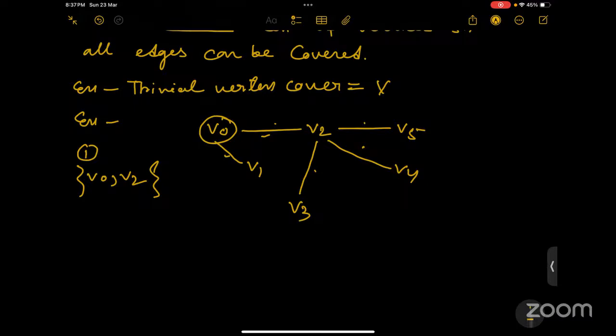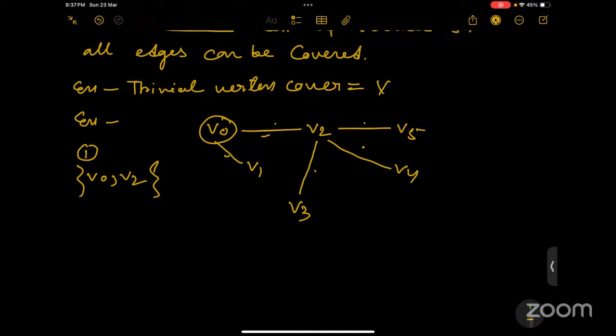Also, you can define other vertex covers too. Like if I take V1 and V2, it will be another vertex cover, right? I'm just taking this subgroup, V0, V2. So for that, the vertex cover would be one, right? If you take V0, V2, then there is only one edge that connects them, right?